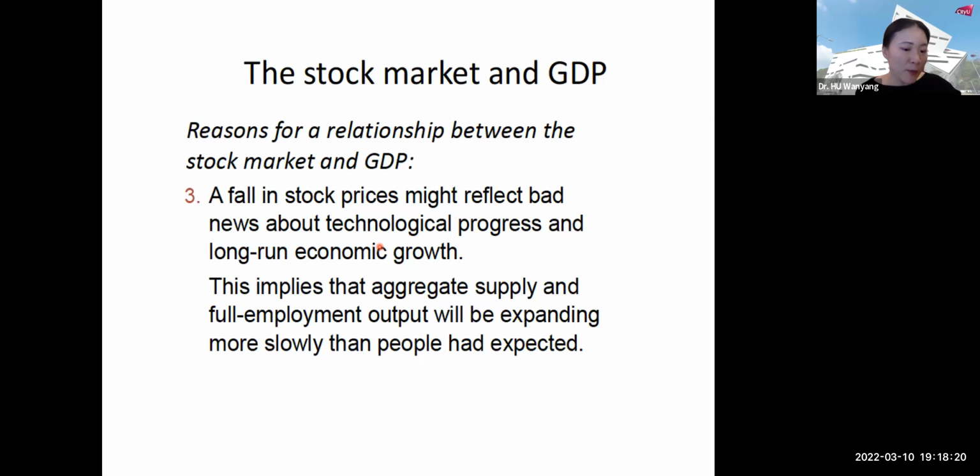People have expectations, but the trend did not meet the expectation, so people might be pessimistic. It actually reflects the market expectation about the future. So this is the stock market, and how the expectation about profitability will affect the stock market and GDP, aggregate demand.